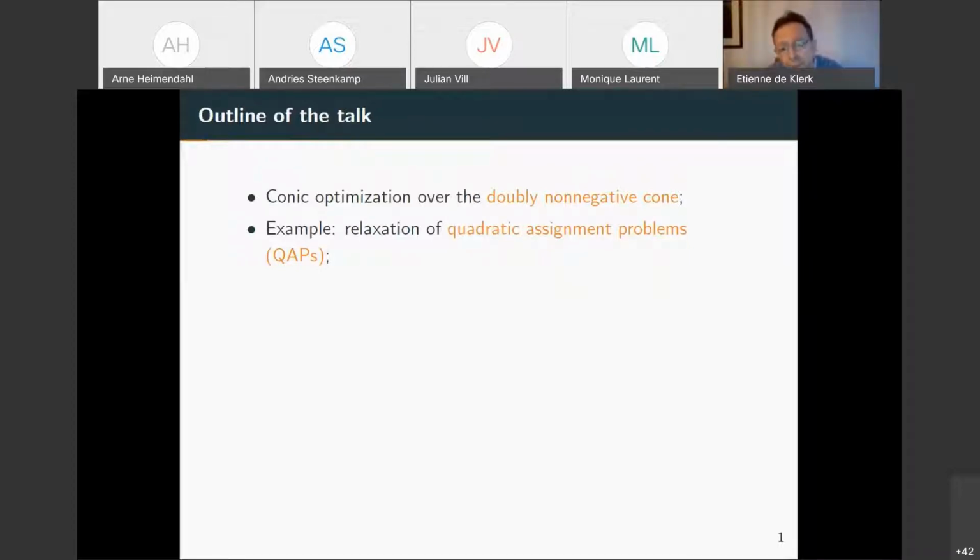And semi-definite programming relaxations have been quite successful in making progress on solving such problems. So it is of interest to try and solve these semi-definite programming relaxations, and in particular, to exploit any symmetries that are present in the problem.